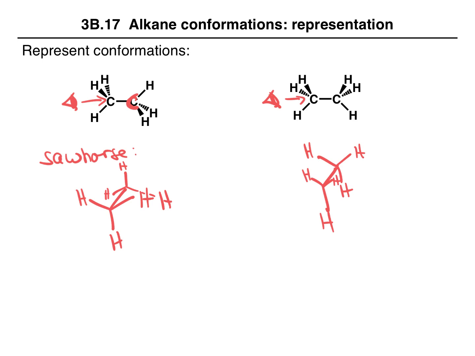Now, something that is more useful and much more common, and this is what I want you to use, is called a Newman projection. So we're doing the same thing. We are looking down the carbon-carbon bond. So let's say this is our front carbon. So that's this one here. And then this one is represented by a circle.